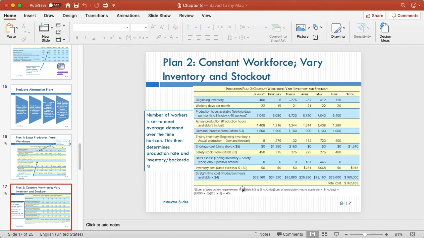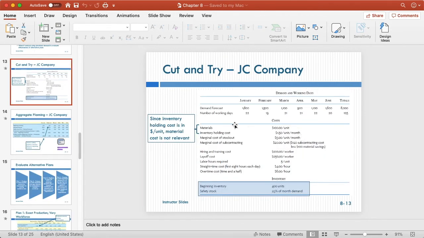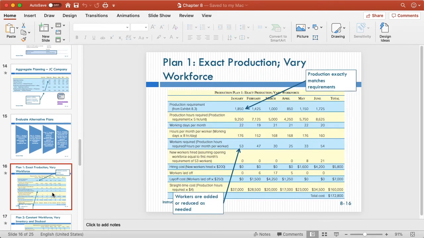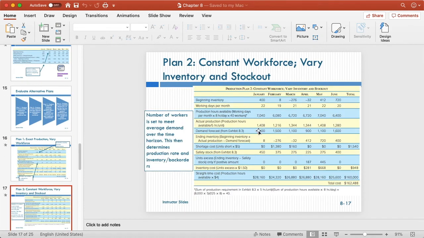On average, how many workers do we need? In order to do that, remember the demand forecast in total is 8,000, right? That's why here it's 8,000. They calculate this as 40 workers for every month, but how they calculate this is the most important thing.